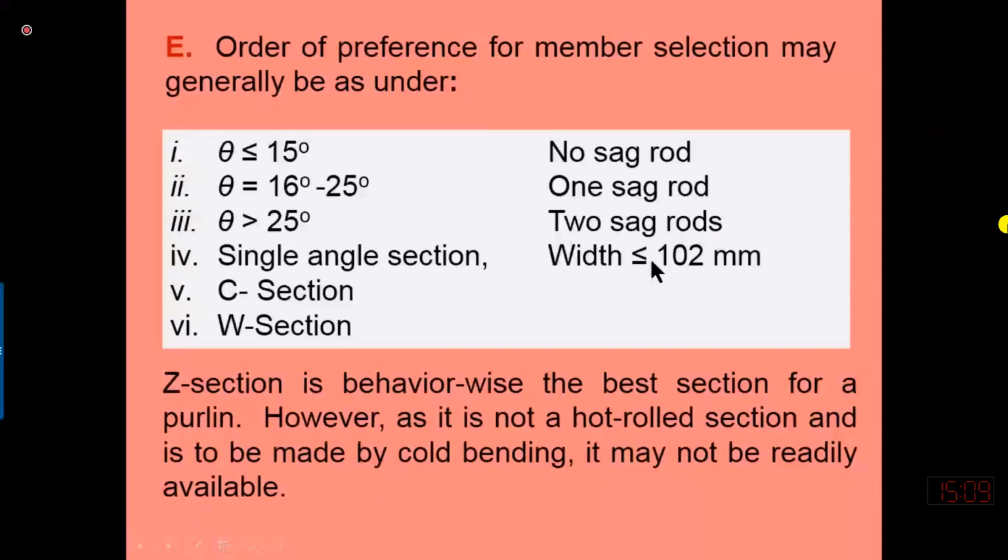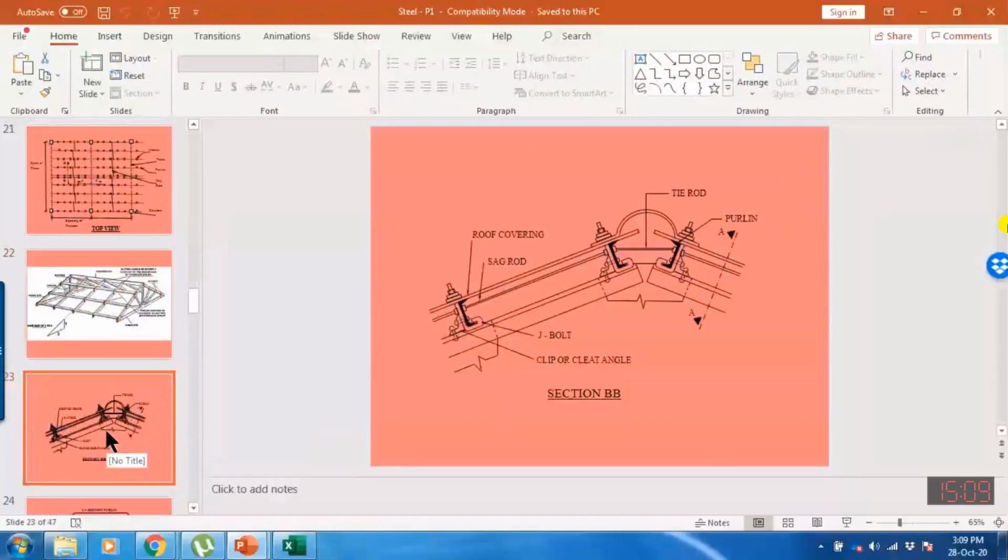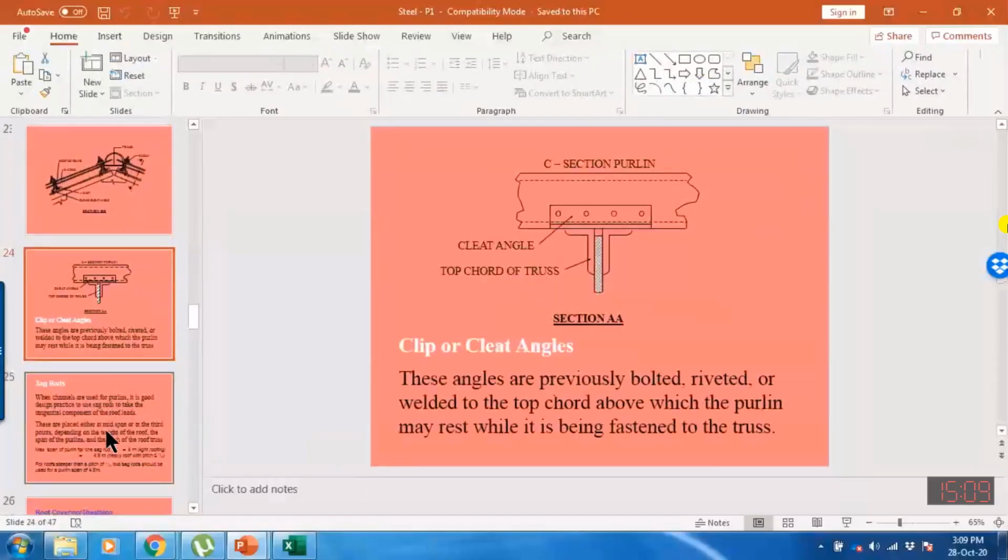Because, okay, let's go, if you are assuming this purlin, if the width is more, then the centroidal location, because the centroid of the angle section is outside, has a large lateral effect also.